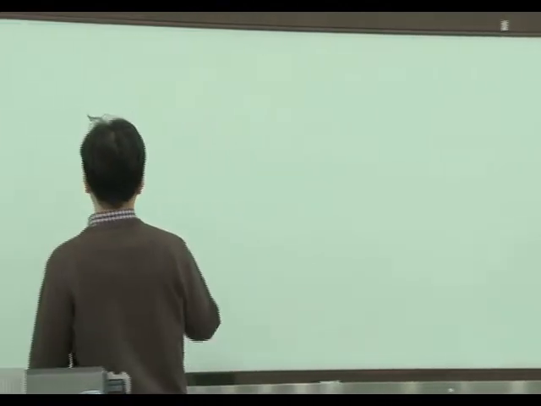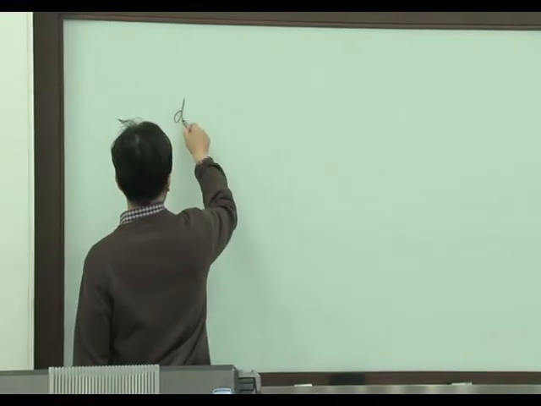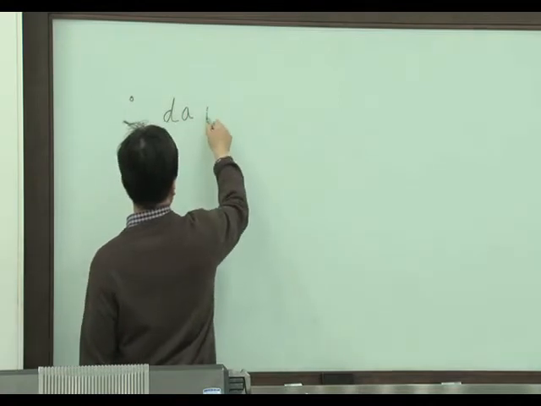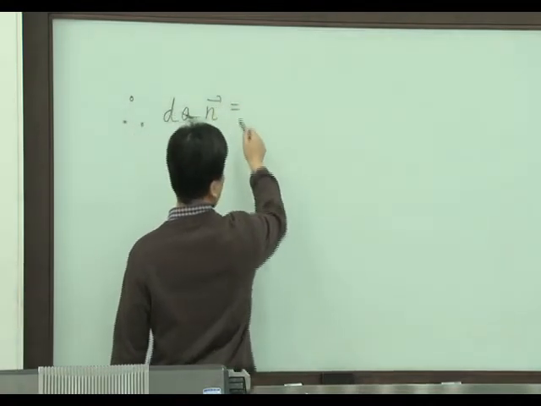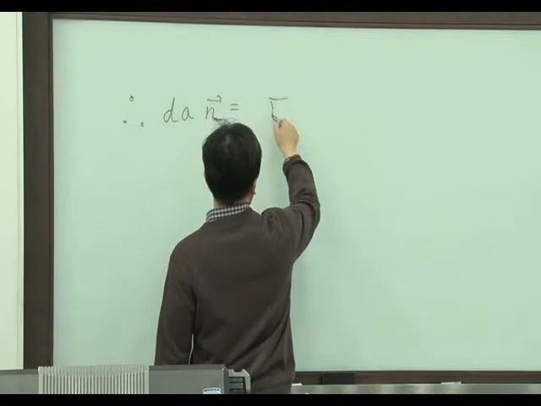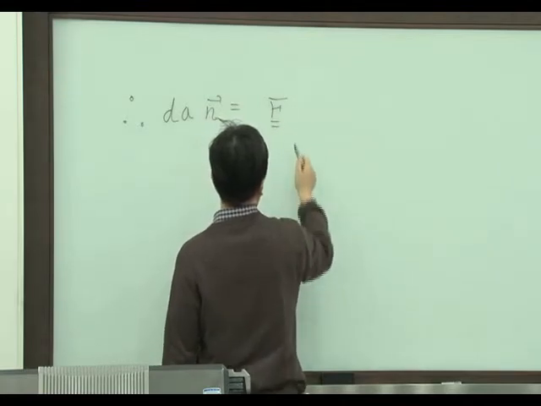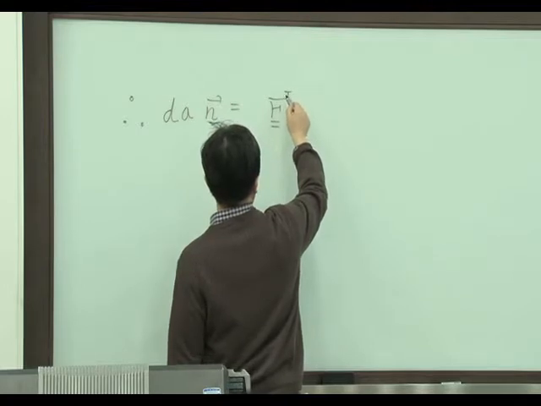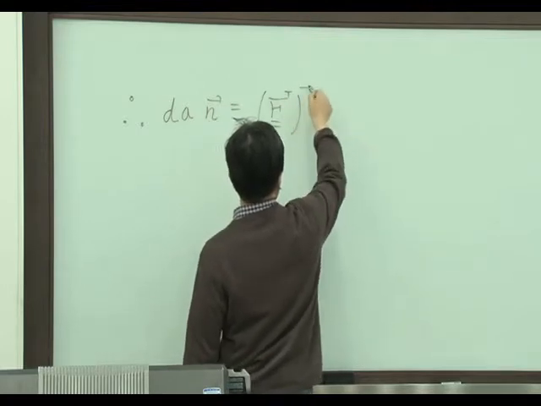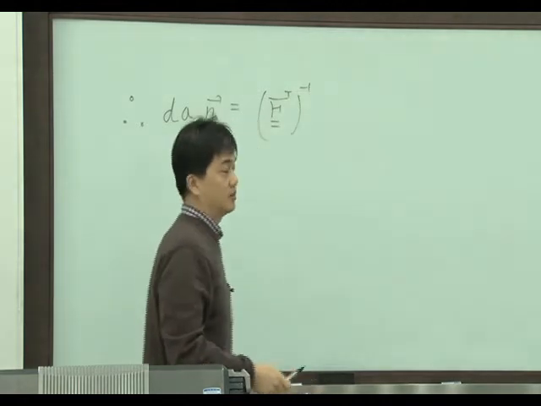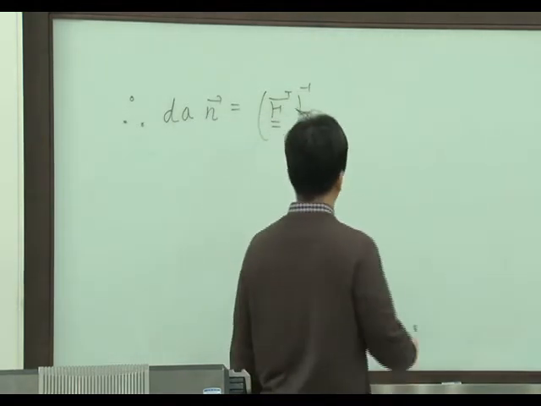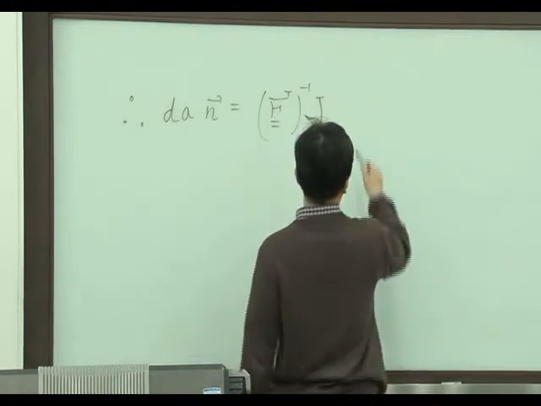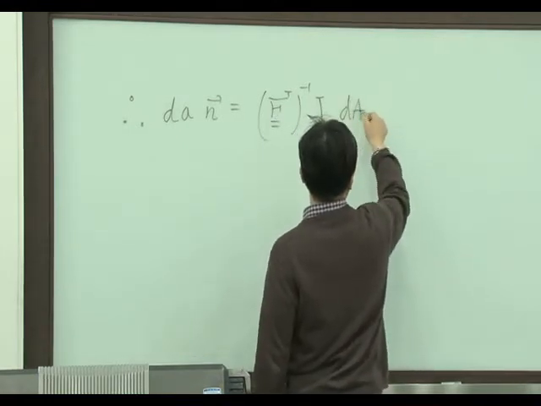And finally, we can have dA, this is the final equation: da equals F transpose, and its inverse, minus 1, inverse matrix, J, determinant of Jacobian, dA, n.